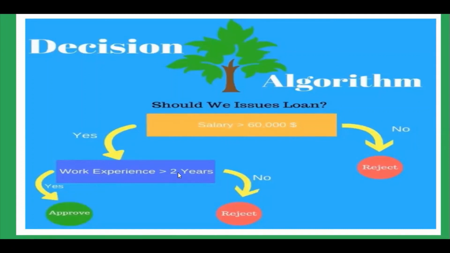If work experience is greater than 2 years, then approve. If it's less than 2 years, normally at 1 year, 6 months, 3 months, many people leave their jobs. So the company is not sure that the person will continue with the job or not. You say reject. This is a very simple binary kind of classification.